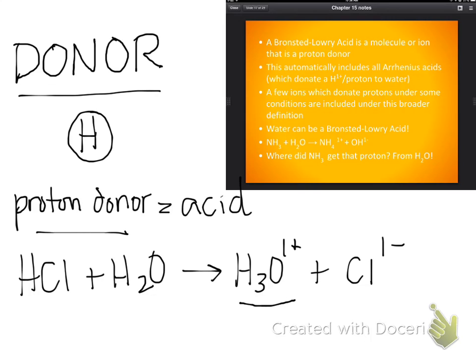A Bronsted-Lowry acid is something that donates a proton to something else. So HCl gives up a proton, water takes it, and it is now a hydronium ion.